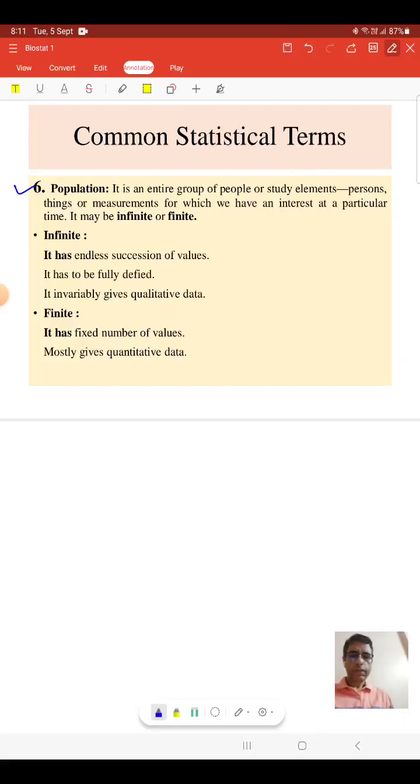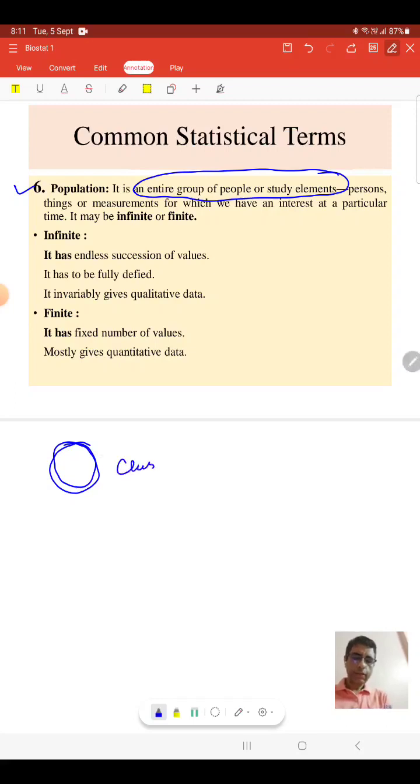Population is an entire group of people or study elements, the group of people we are going to study, not necessarily the population of a state, a district or a country. Say in a cluster study, we shall come to that, in a cluster we are taking 100 people.